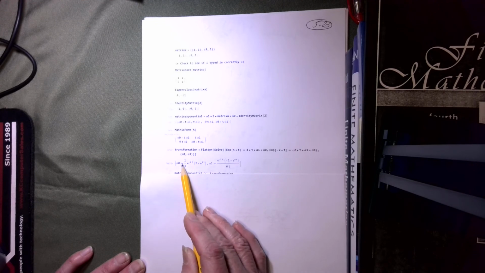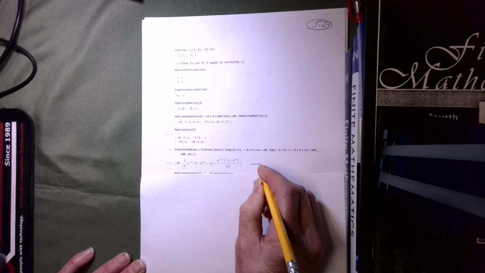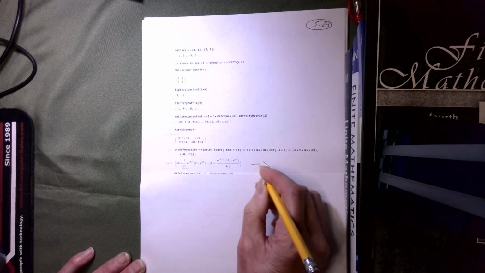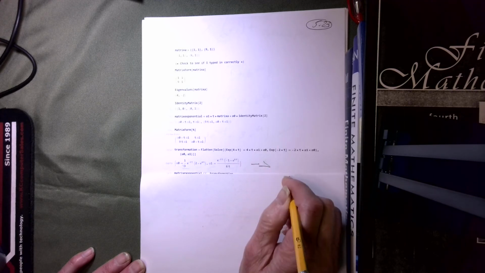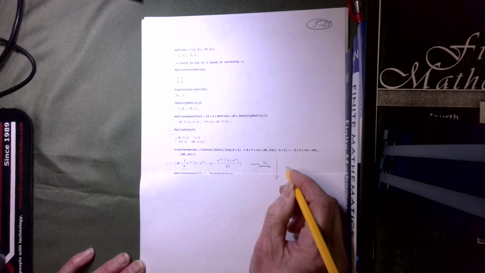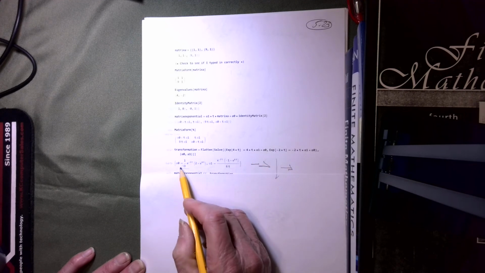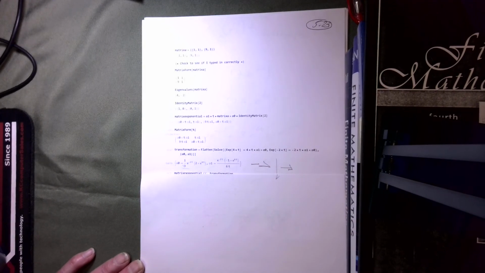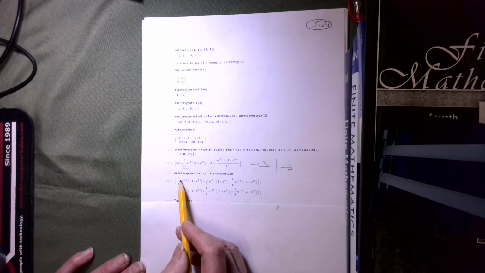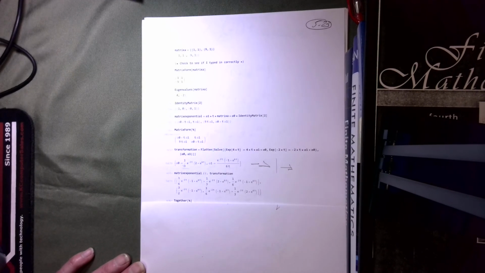Now this little symbol here is a transformation rule. When you go to type in transformations, it has to go like this, a minus sign, then a greater than sign. And then what Mathematica comes back with is this arrow that you see right here. That's a transformation rule. So I'm going to keep that, and I'm going to take my matrix exponential, which is back over here. I didn't know what the alpha 1s or the alpha naughts were.